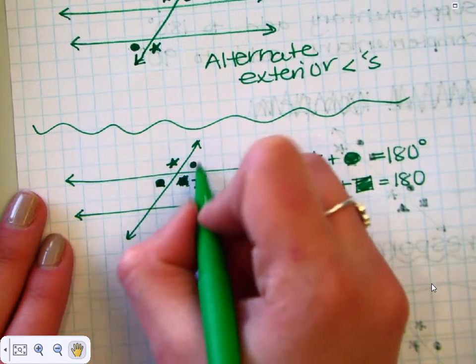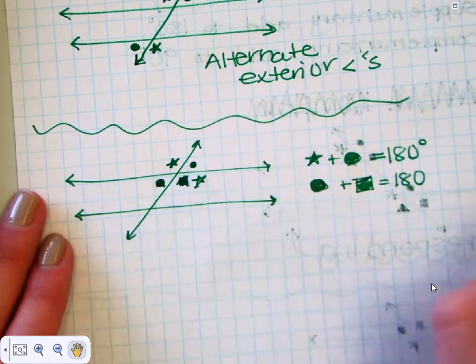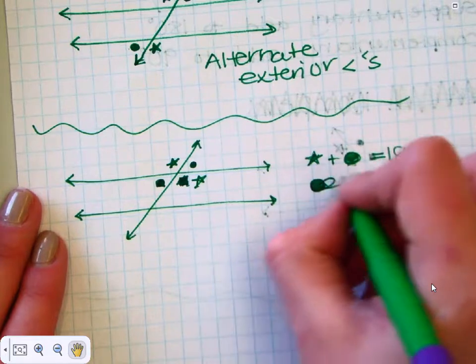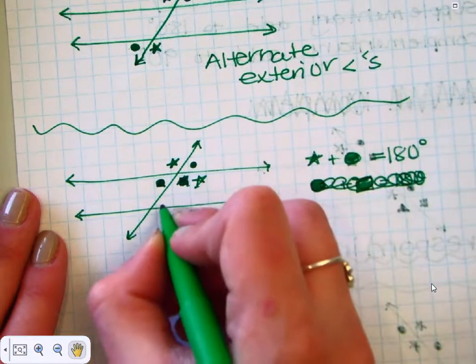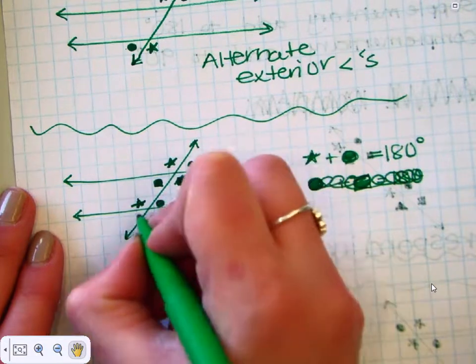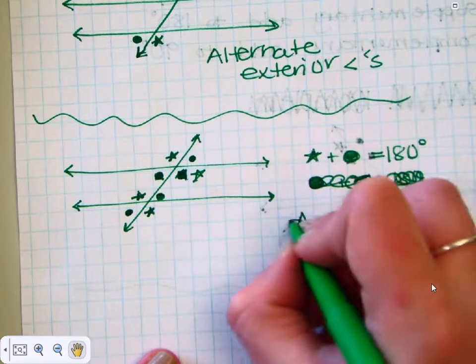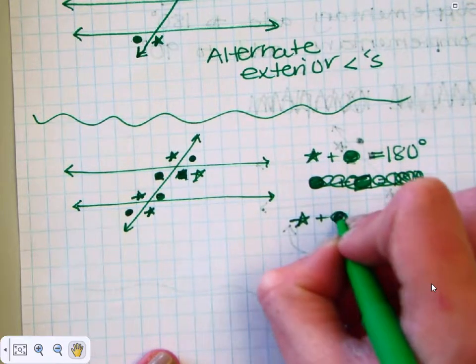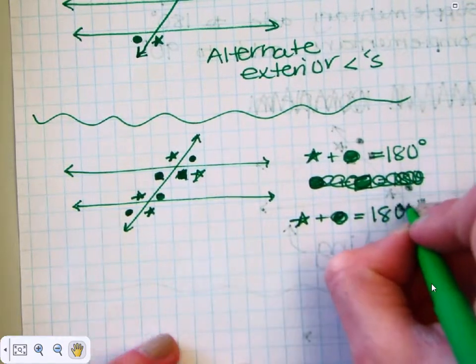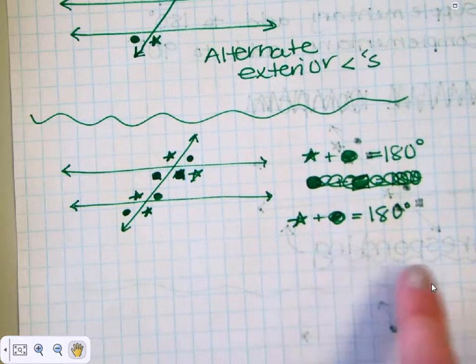So these angles are supplementary, these angles are supplementary, these angles are supplementary, and these angles are supplementary. The same thing goes for down here. So star and circle are supplementary. Any angles that make a straight line are supplementary. You can add them together to get 180.